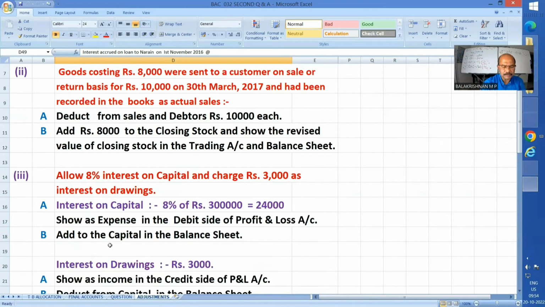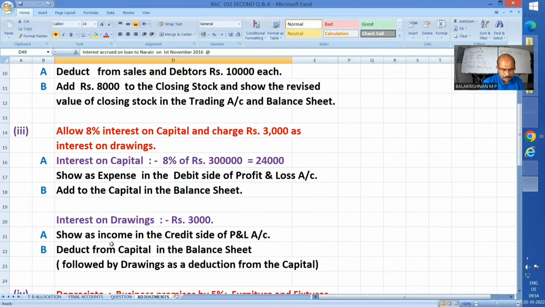Okay, fine. Next one. Allow 8% interest on capital and charge rupees 3,000 as interest on drawings. Well, interest on capital, 3 lakh being the capital given, 8% of that is 24,000. Show as an expense in the debit side of profit and loss account. Business and businessman are different.